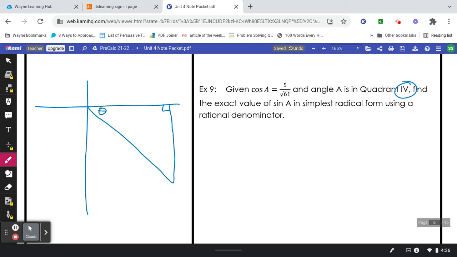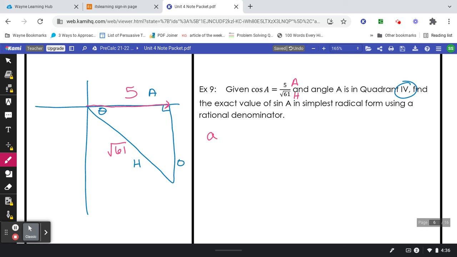Label the triangle O, A, and H. Cosine is A over H. I don't see any invisible negatives here. Notice I'm going forward. All right, so that 5 is positive. That looks good. Now I've got to find my missing side.